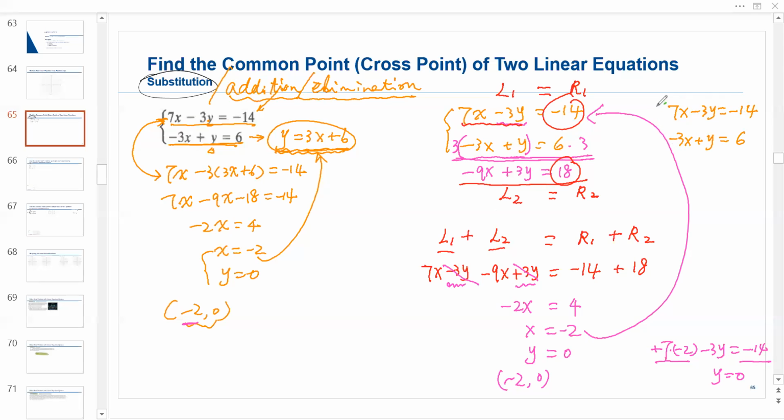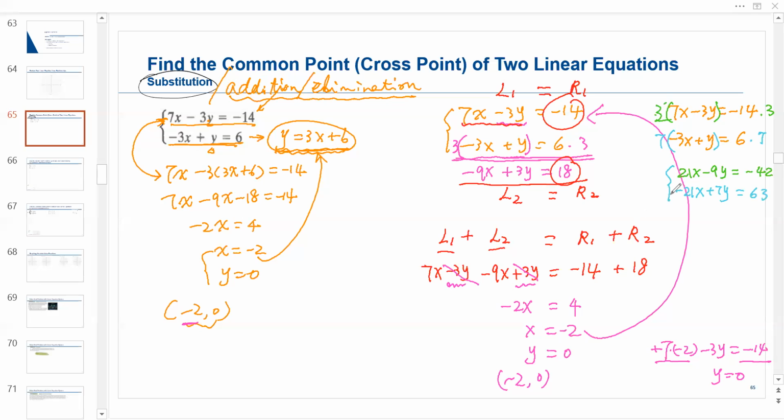Let me times 3 for this part. So here became 21x minus 9y equal negative 42. In the second equation, both sides times 7, that became negative 21x plus 7y equals 63.